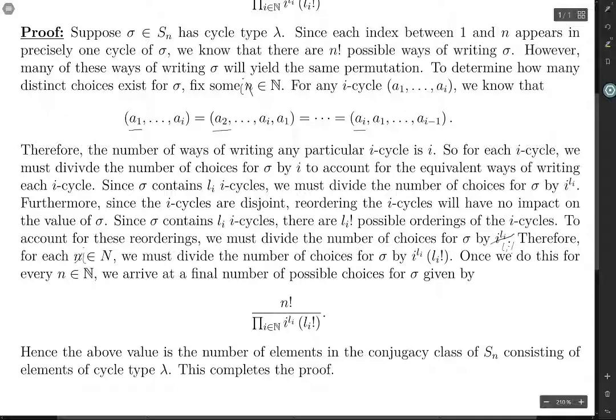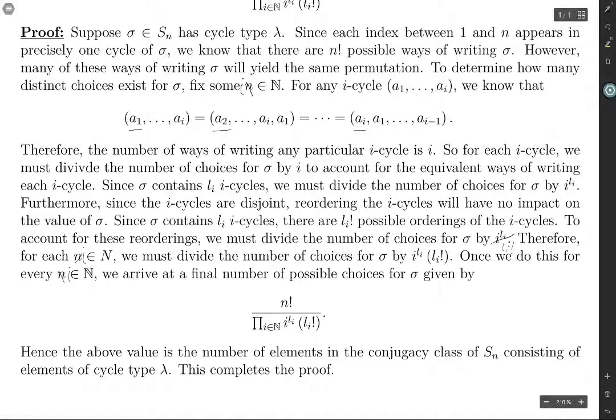Once we do this for every single I in the natural numbers, we have our final number of possible choices for sigma, and it's given by this formula. This is exactly the formula that we wanted to prove, and so we have arrived at our final answer, and this completes our proof.